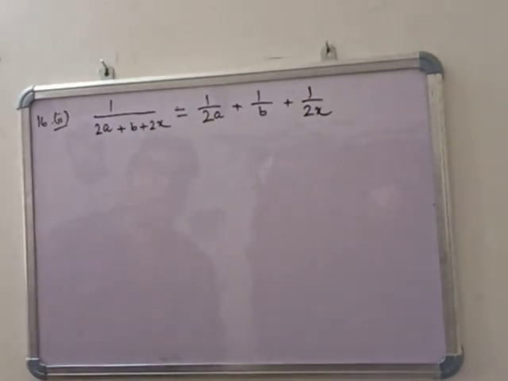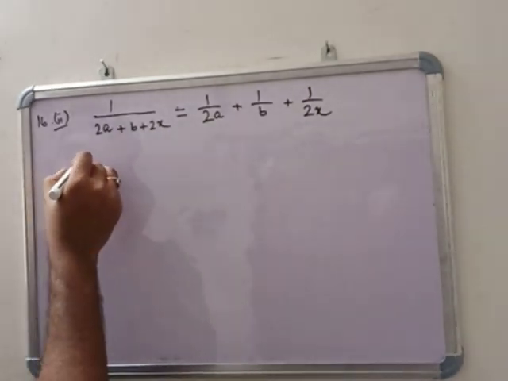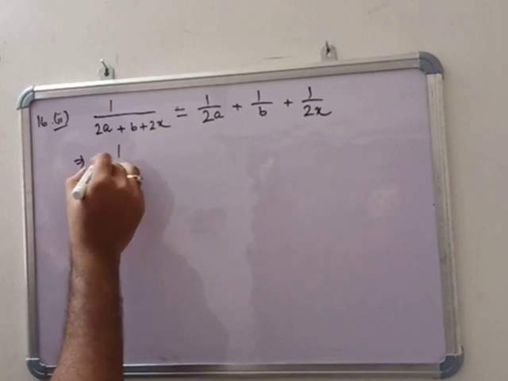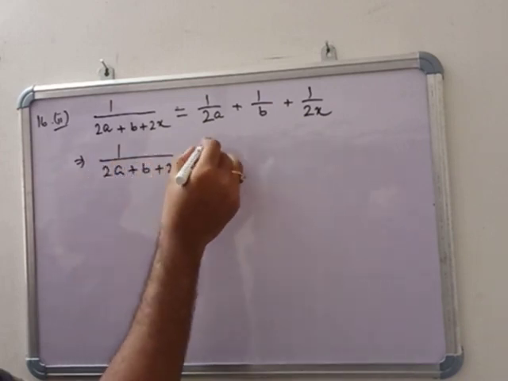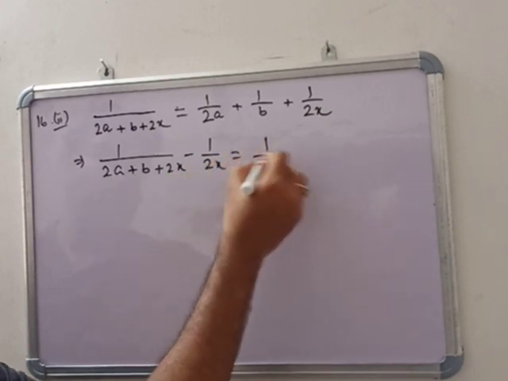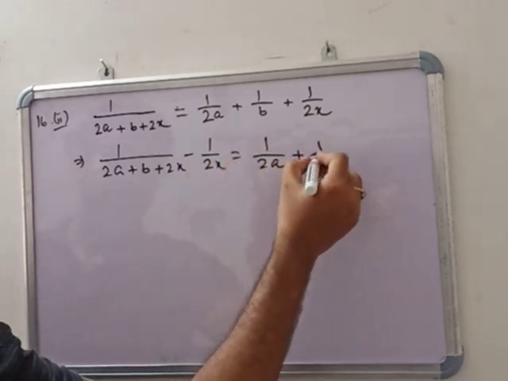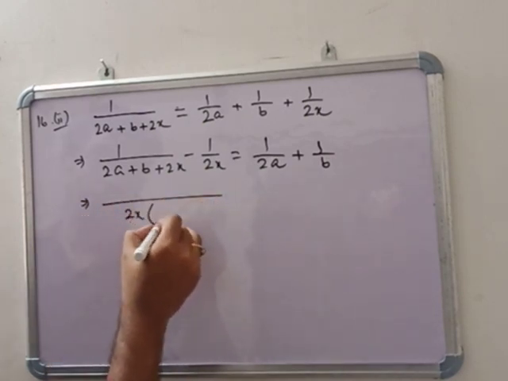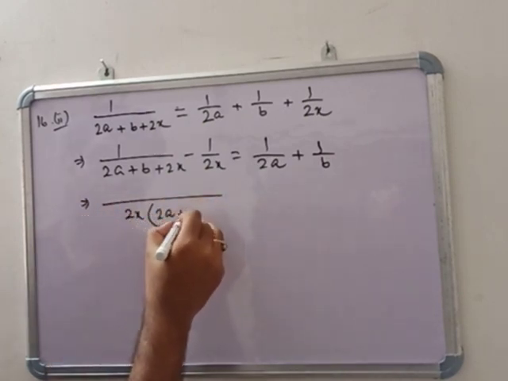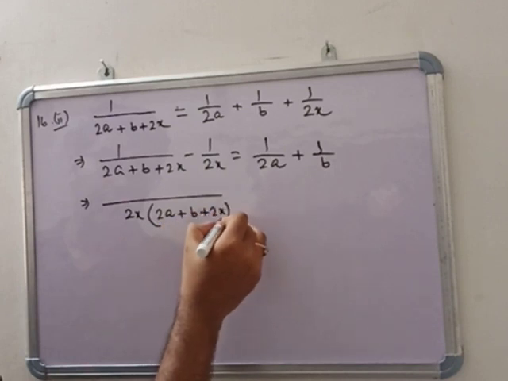Okay. Now x part on the left hand side. So 1 by (2a plus b plus 2x) minus 1 by 2x equals 1 by 2a plus 1 by b.